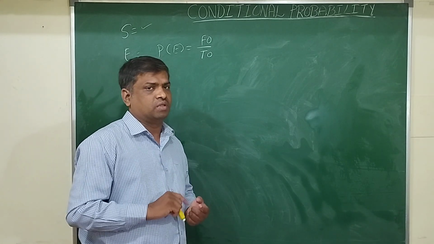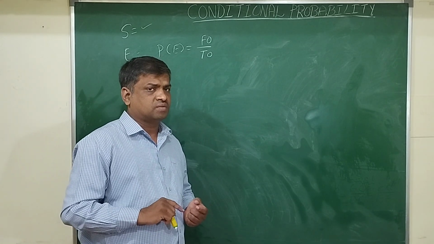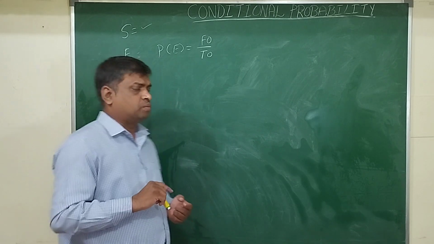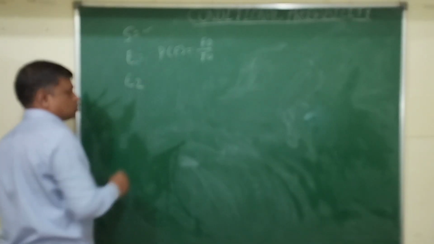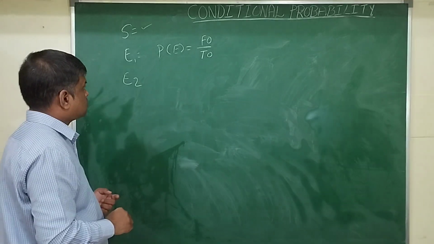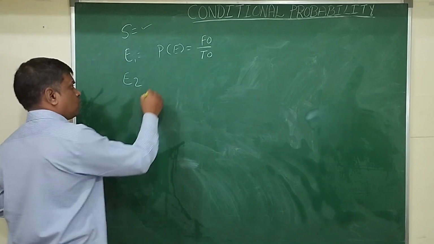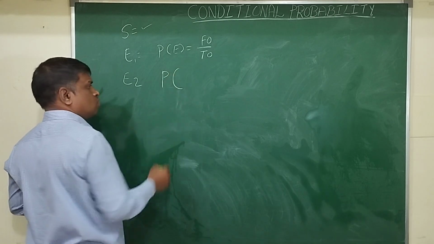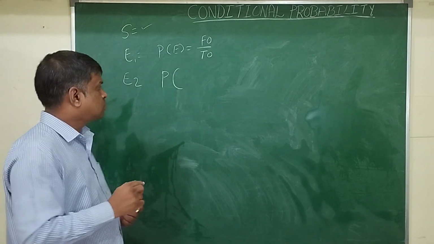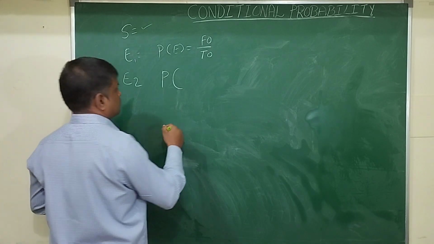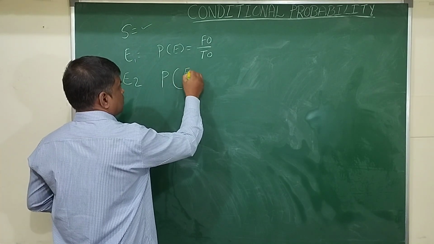It means there is a condition. In this case, there will be two events, event 1 and event 2. One event gives the probability of the other event with respect to one another.